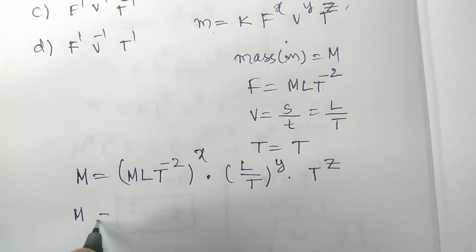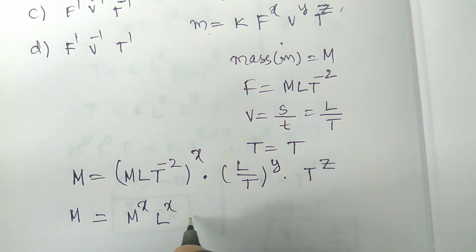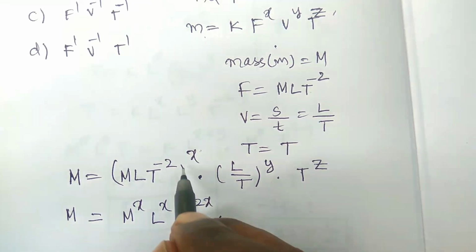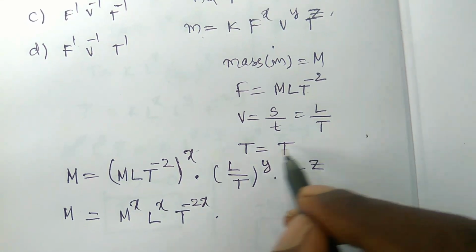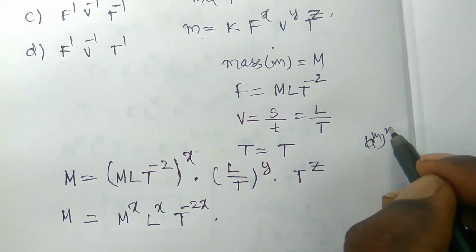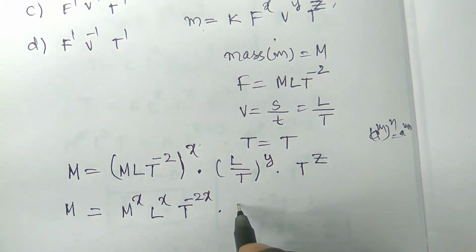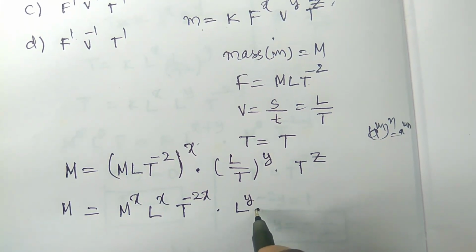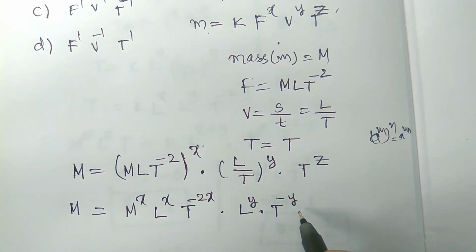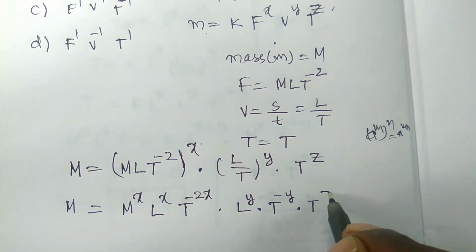So m is equal to m power x, L power x, t power minus 2x. This is a power m whole power n equal to a power mn, so that's why you have to multiply. And L power y and t power minus y. This t can be moved to the numerator, and t power z.